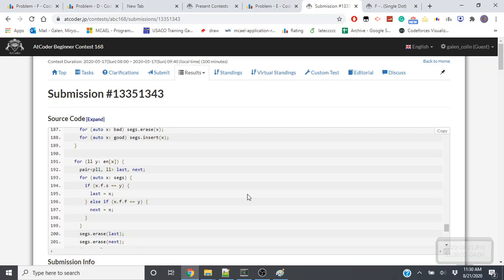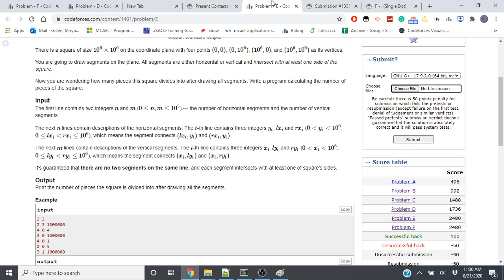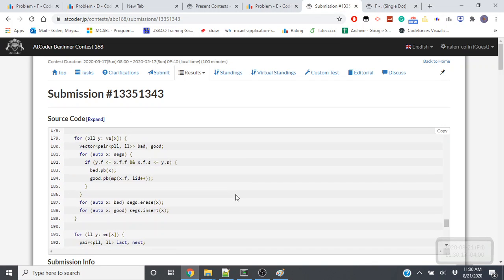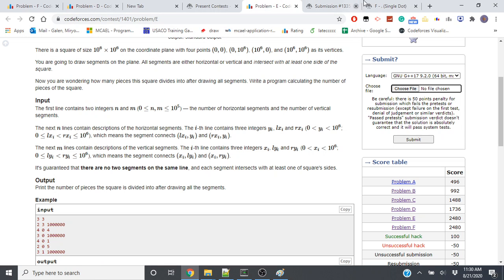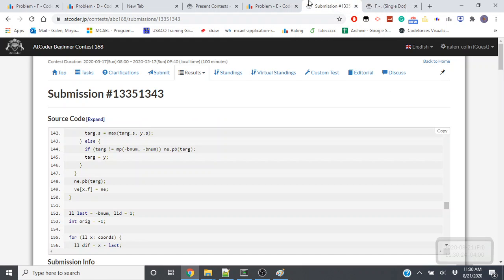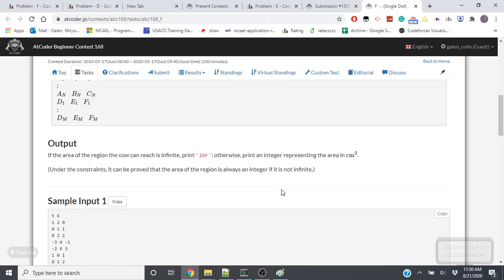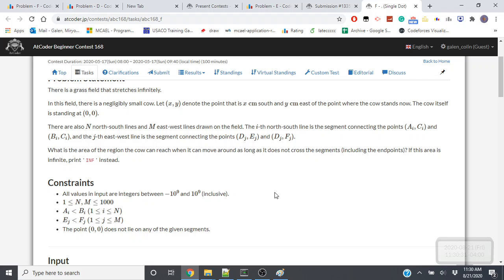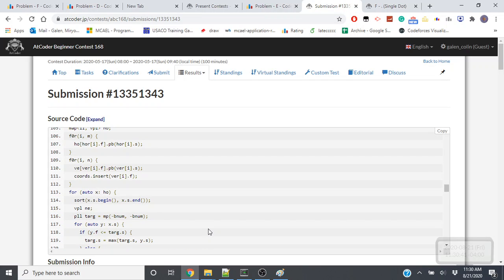Very sure we could just mess with this code and then eventually. Yeah, I remember this. Okay, so the point of this problem was you're in a region at 0, 0, and you want to find how big the region you're in is. There was a smarter solution that hinged on n and m being small, but this isn't necessary here.